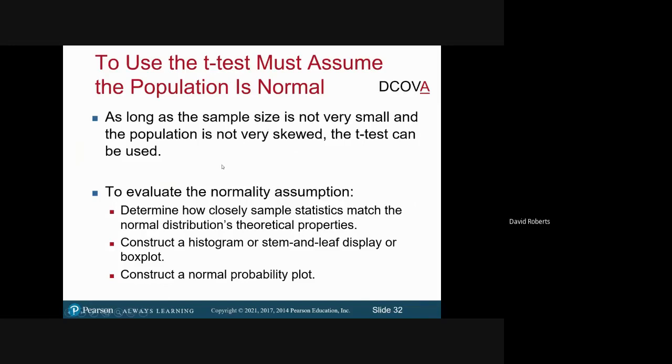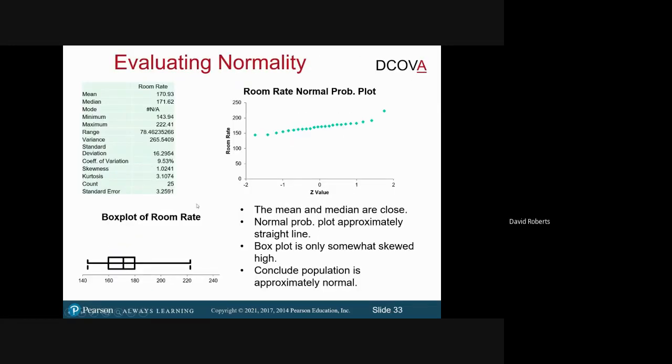You can assume that the population is normal, or you need to check that. You can look at box plots here, as with confidence intervals. Box plots, as you know from previous, will also tell you how skewed or not skewed the data is. You can look at the mean and median; they're fairly close together.